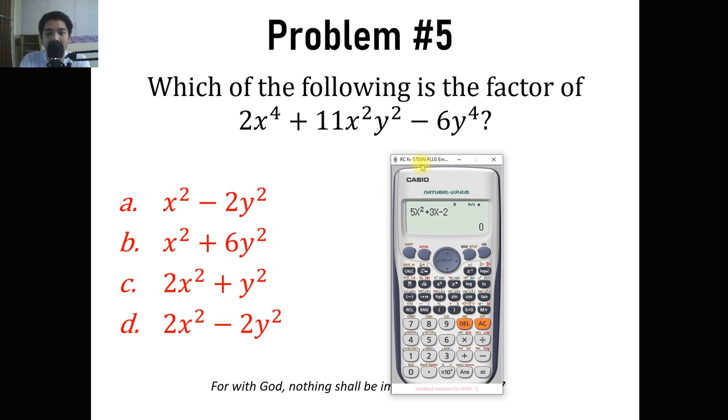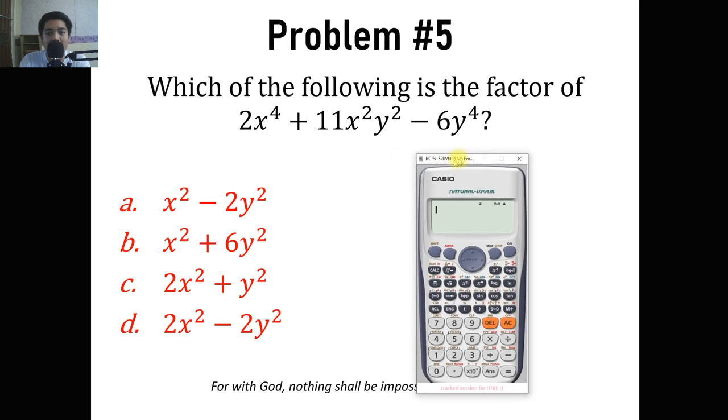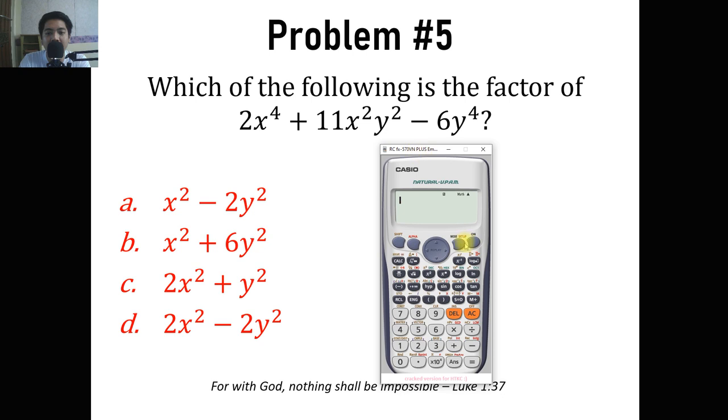So if we get the roots, for example, mode 5(3), we have to go to the quadratic. I'm going to input 2, and then I have 11 as my x, and then I'm going to input negative 6. What root am I going to get here?